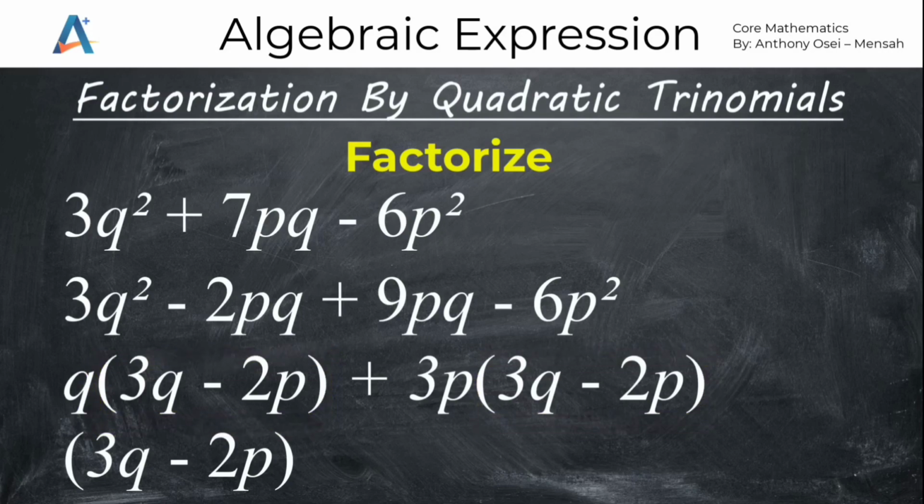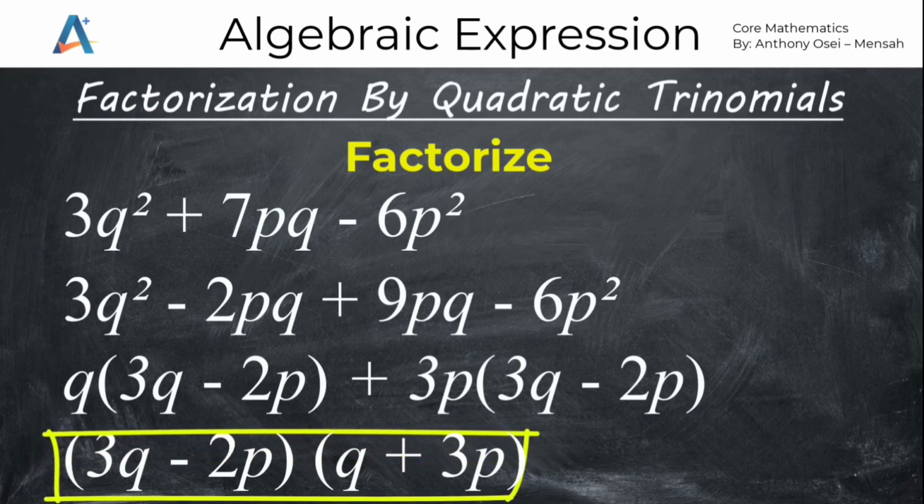What is remaining? We have q plus 3p outside, and they will come into one bracket, making it q plus 3p. So finally, this question has an answer of (3q - 2p)(q + 3p). So this becomes the final answer. Thank you.